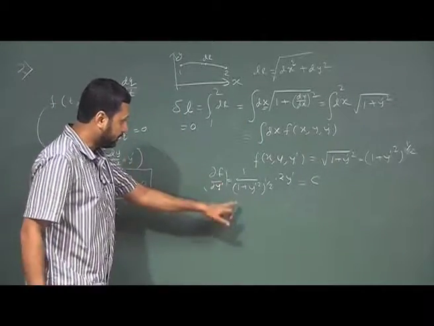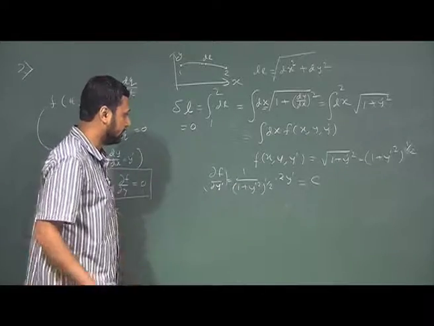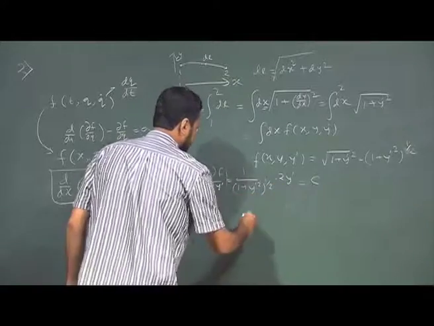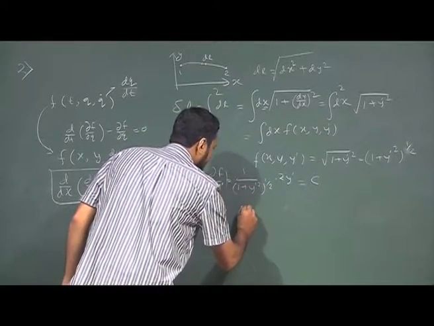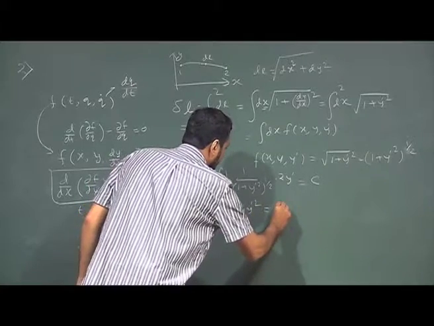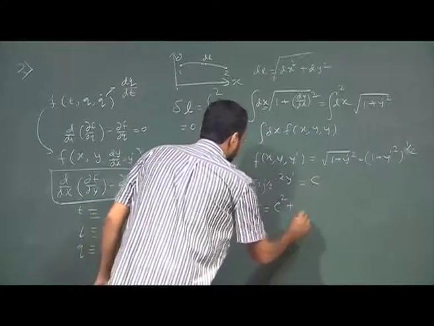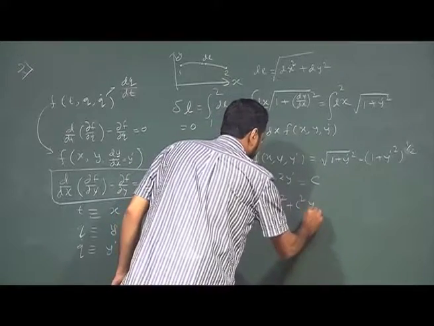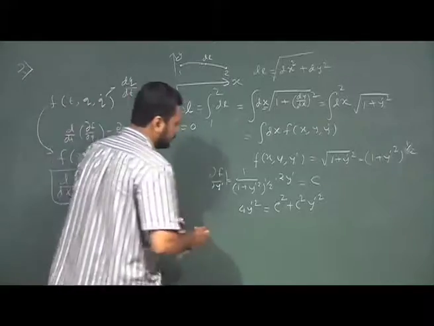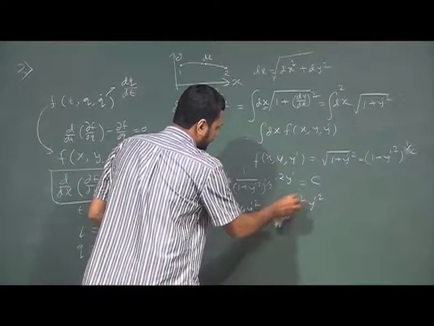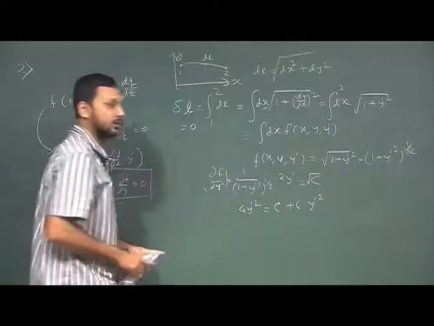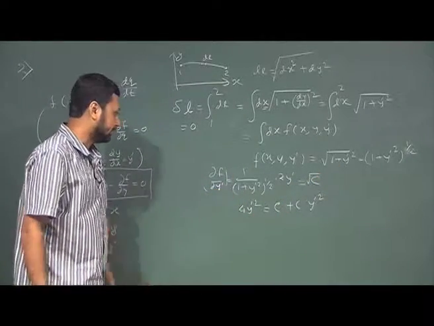So, we can write this equal to some constant c. Now, if I simplify from here, if I take square of both sides, we get 4 y prime square is equal to c square plus c square y prime square, right. Or also we can call c square a new constant, I mean we can just absorb it, yeah. So, if we want I can put root c, that is just for my convenience.